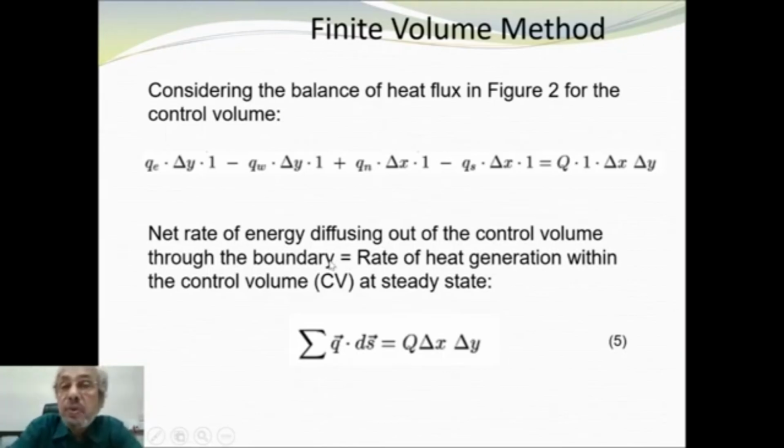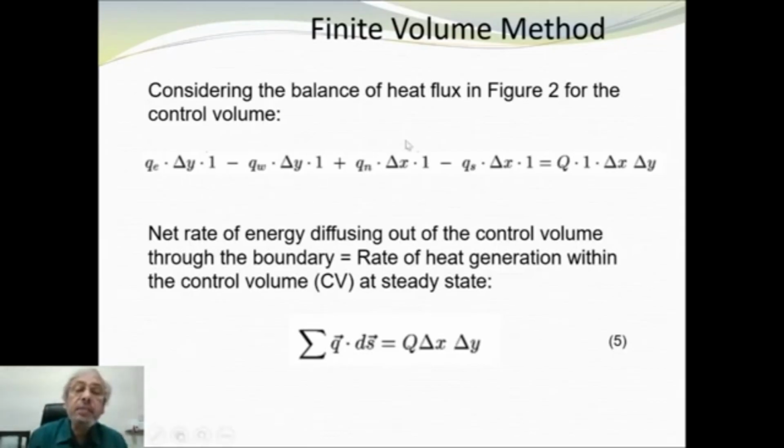This mode of energy transfer we can call diffusion, because there is no convection involved in it, no radiation involved in it. This is energy that is being conducted or diffused out of the control volume through the boundary, equal to the rate of generation within the control volume at steady state.